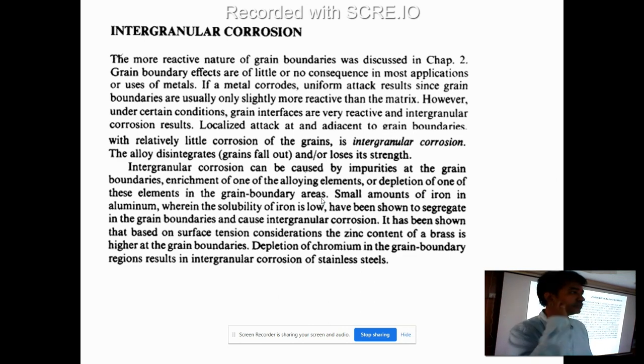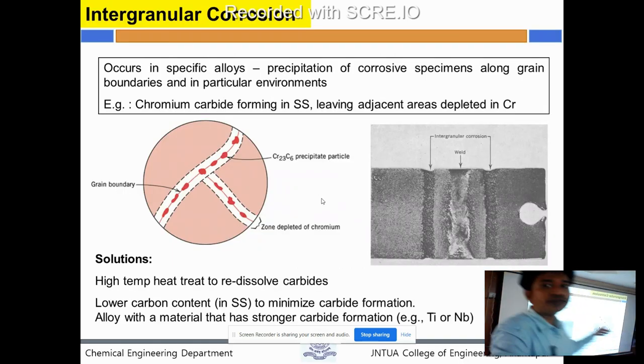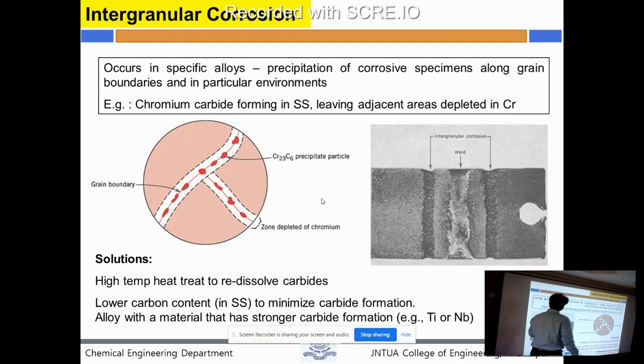Intergranular corrosion. As I said, whenever the grain size is very small, it is more active, with more corrosion. That is inside the granules. You can see the figure here. You see the meaning of grain boundaries. We have discussed what grain boundaries are.